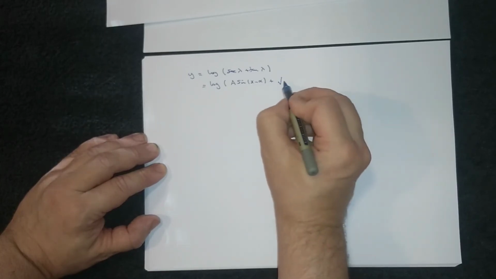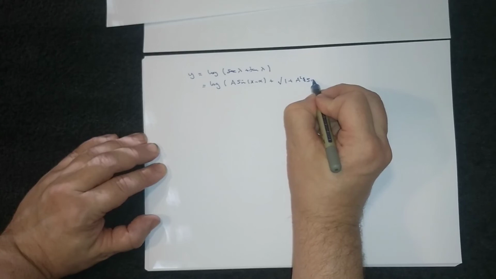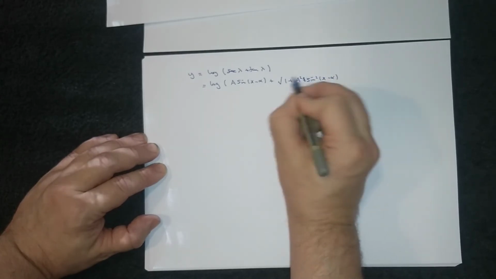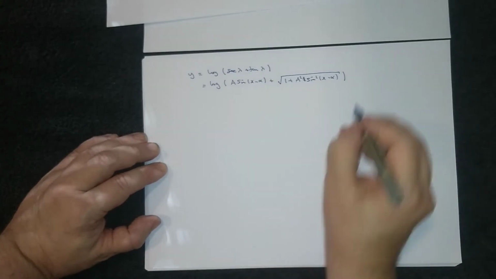Sec is the square root of 1 plus tan squared, so the square root of 1 plus a squared sine squared x minus alpha.